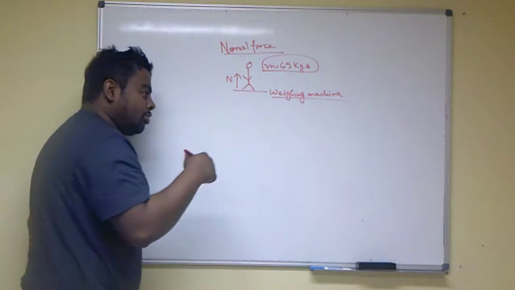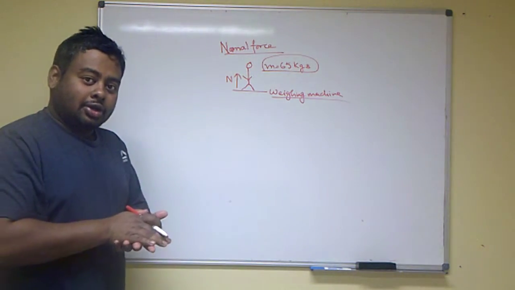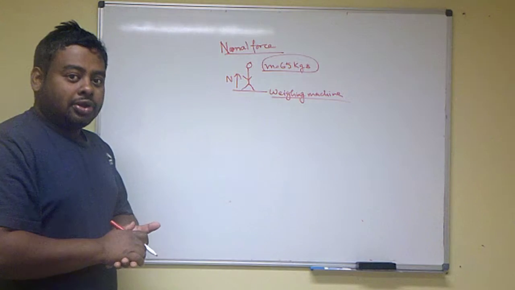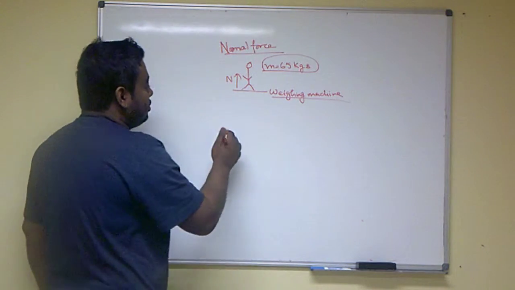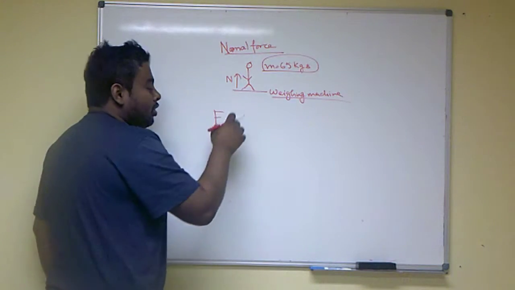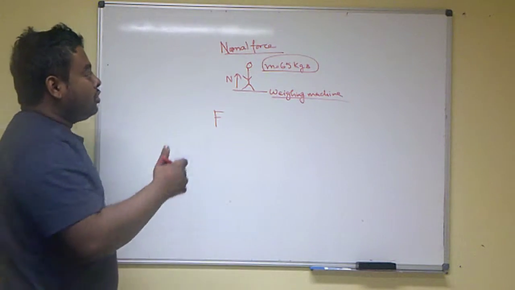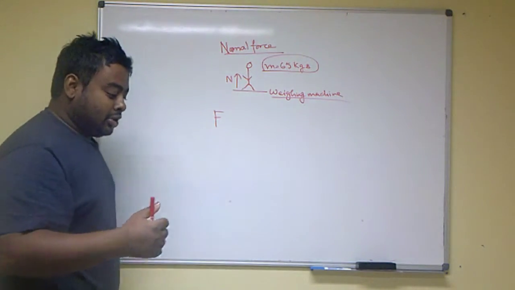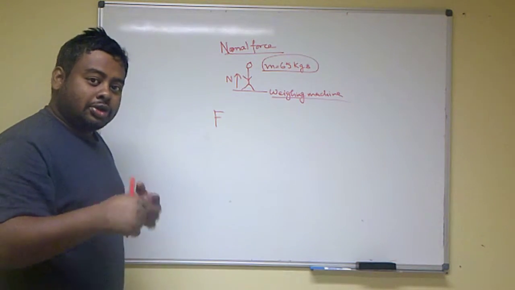So normal force always acts whenever there is a contact of one body with respect to another. And if you would like to see how the force acts, the force will always act towards the person who is exerting that force.